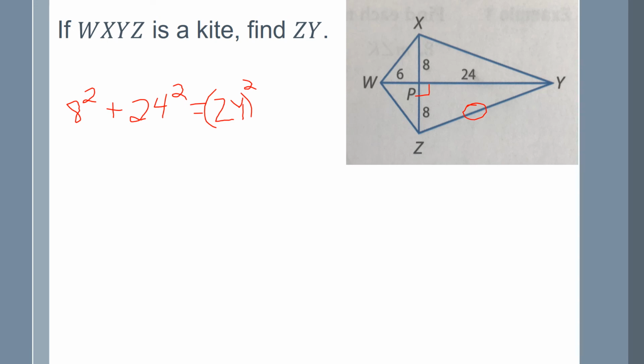So 8 squared is 64. And 24 squared is 576. And that's going to be equal to ZY squared.